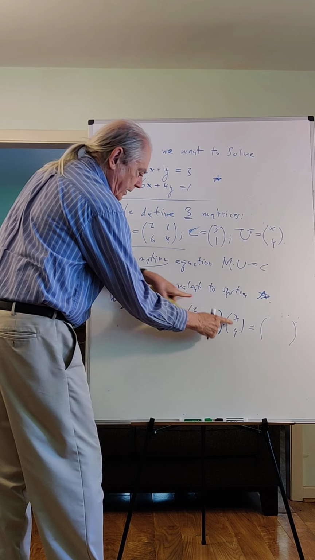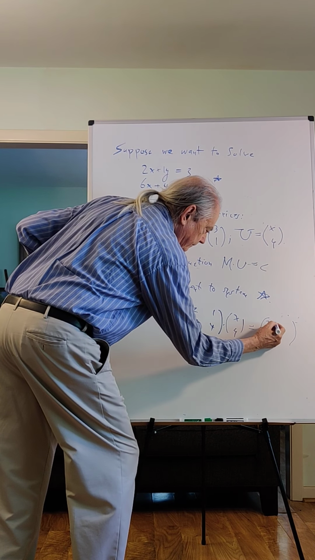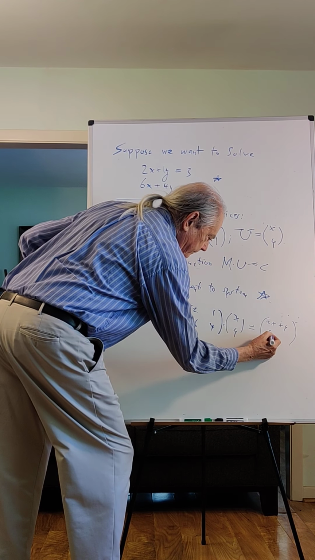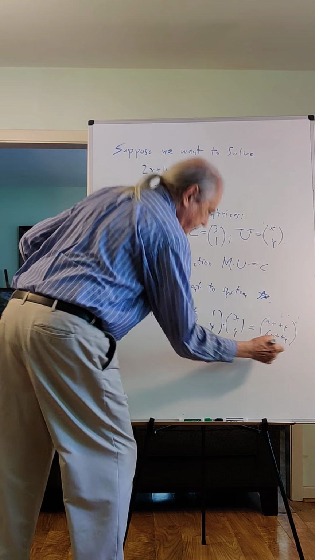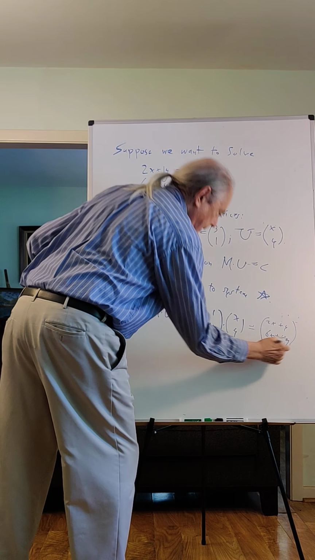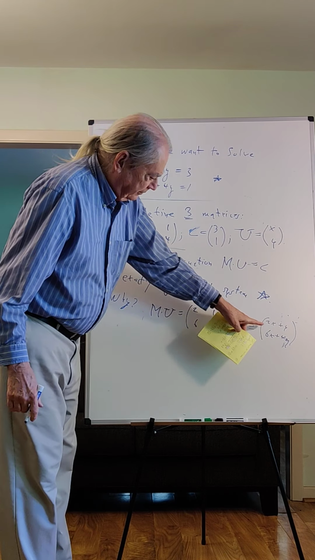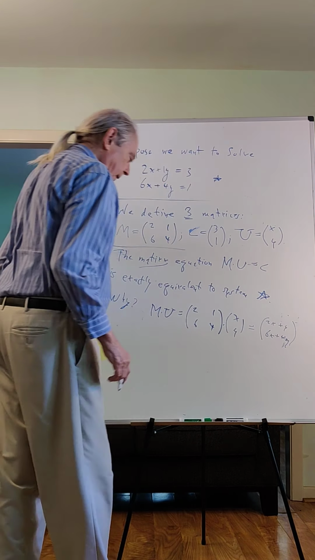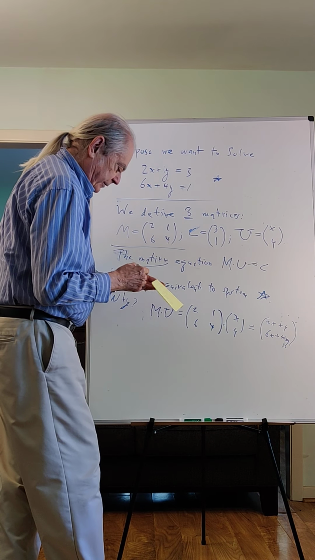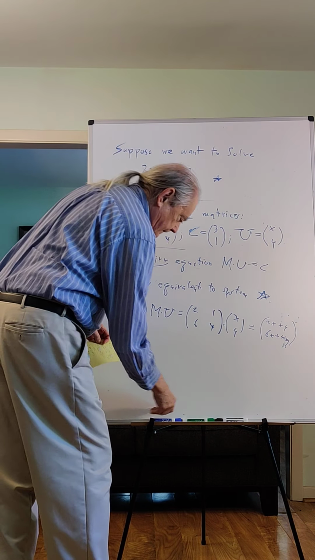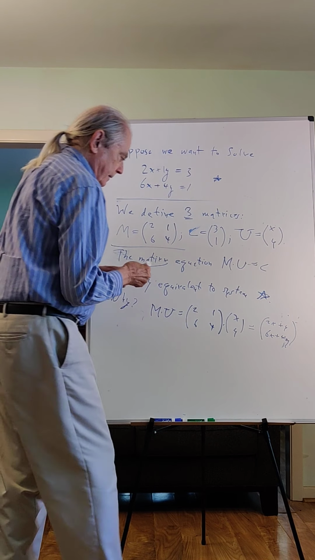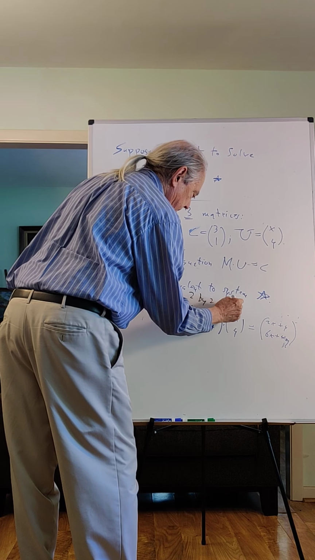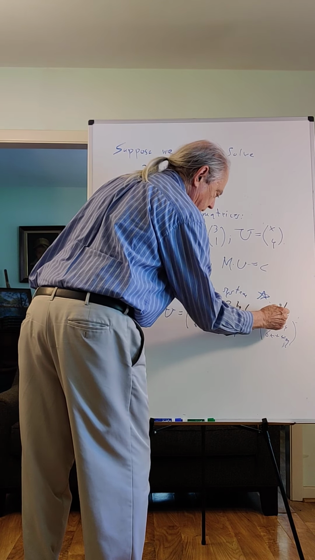What is it? 2x plus y and 6x plus 4y. Now, this is not 2 by 2, it's 2 by 1. This is a single entry, and this is a single entry. So that needs to be stressed. So this is 2 by 2, 2 by 1, and this is 2 by 1, not 2 by 2.